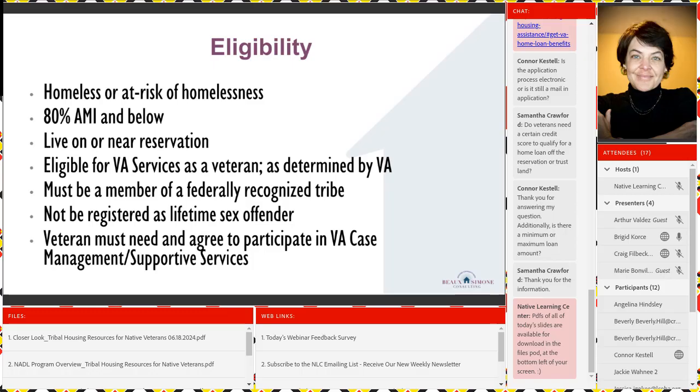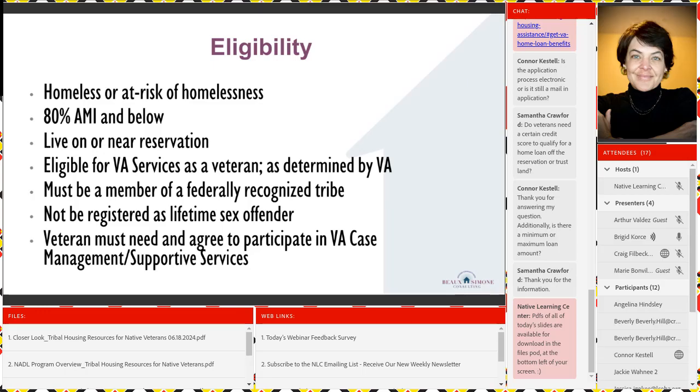They must not be a lifetime registered sex offender. So in support of housing, the responsibility for expanding opportunity and lowering barriers to housing is on the housing authority. You really have to be able to accept the fact that it's a supportive housing program. You're going to use less strict background check criteria to move them into housing, and that's one of the expectations of the program.